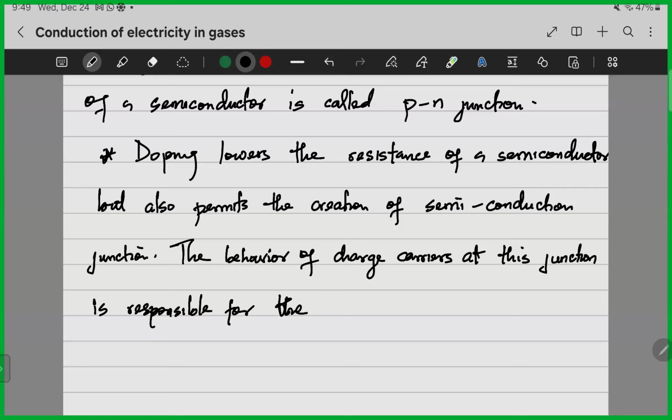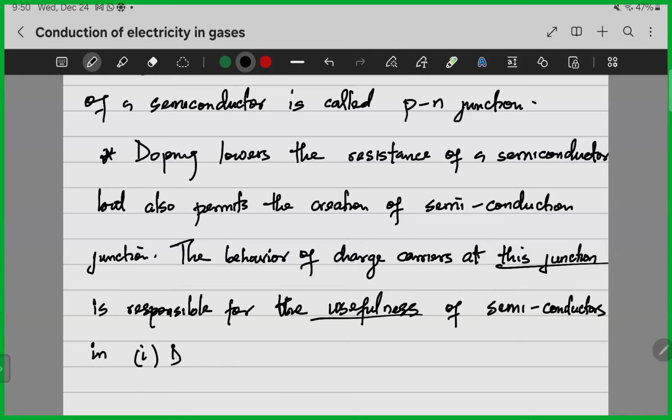So this PN junction is responsible for the uses of semiconductors in diodes, transistors, and modern electronics.